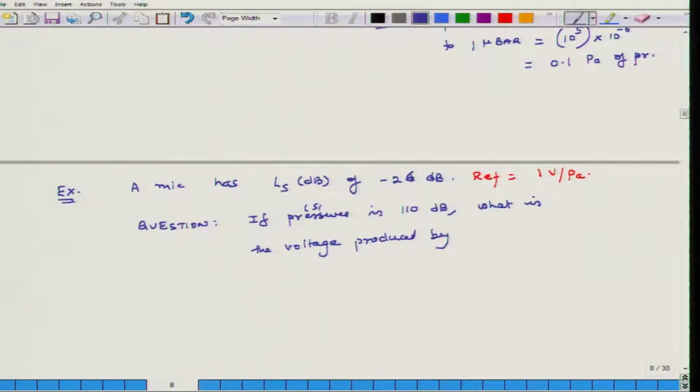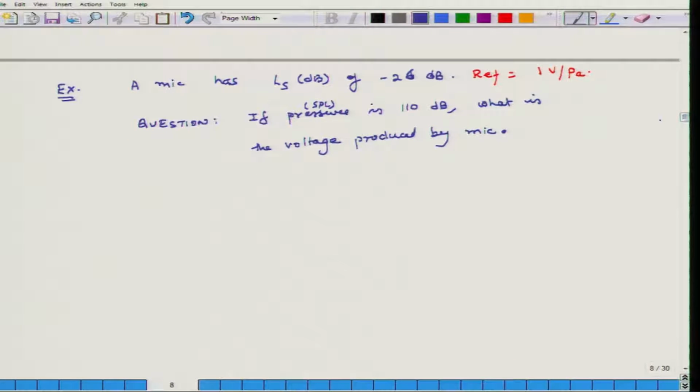This is SPL. So the first thing we have to compute is how many volts are produced by the mic when it is exposed to 1 Pascal. That is, the first step is we have to find this value of Y. Okay. So, we will do this.